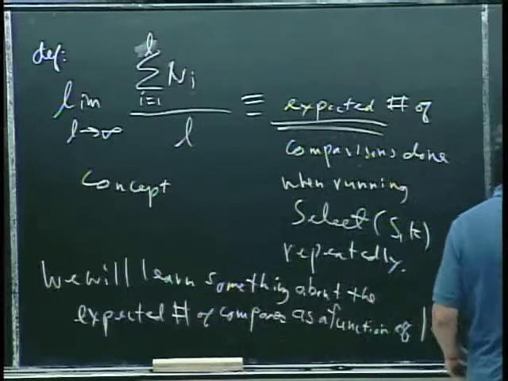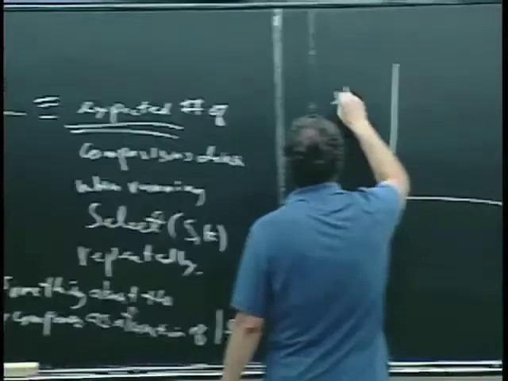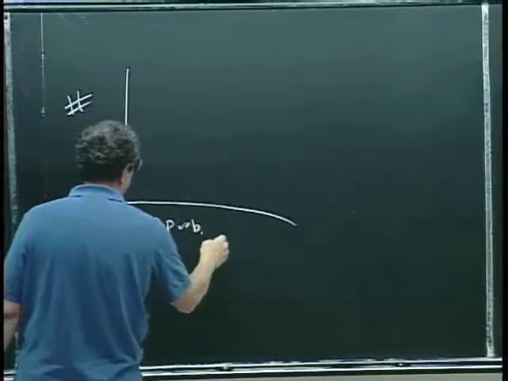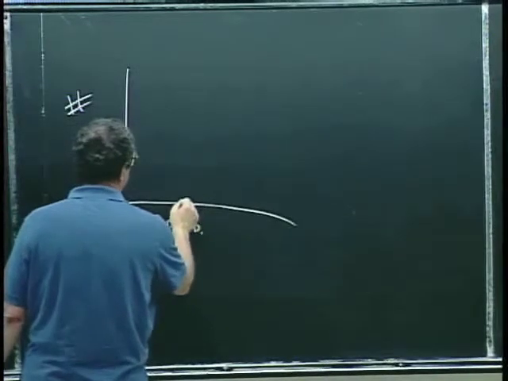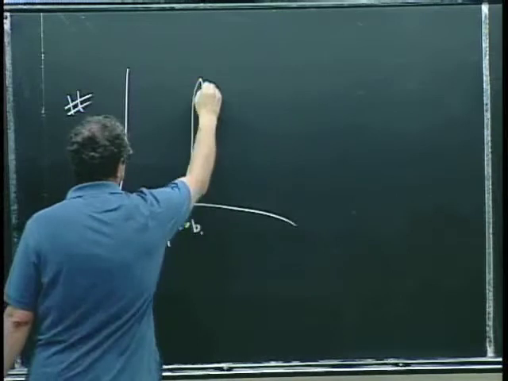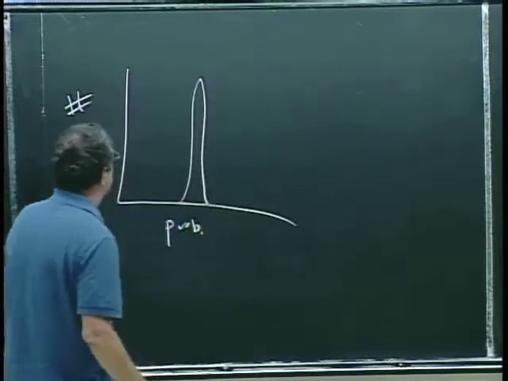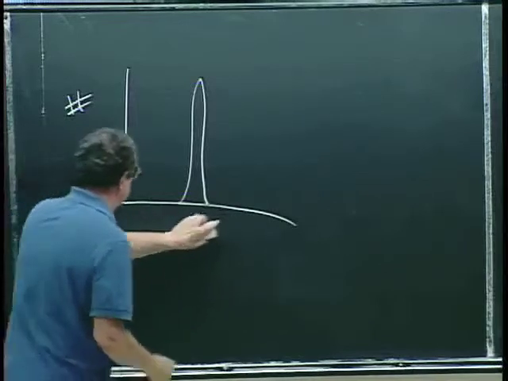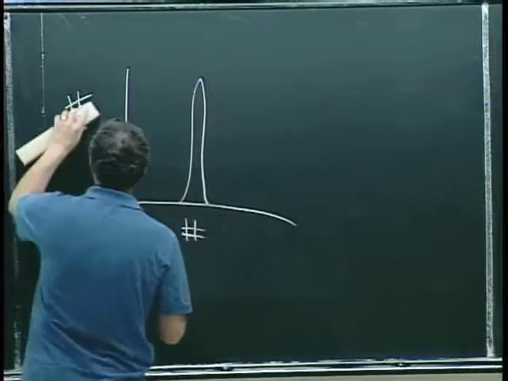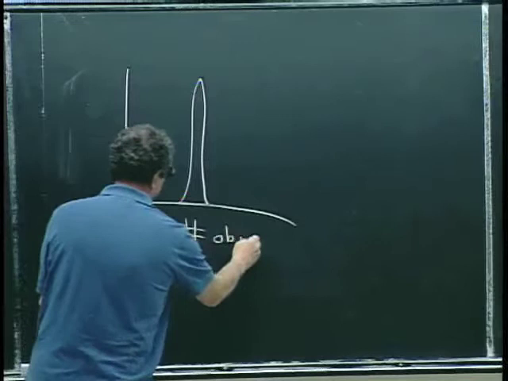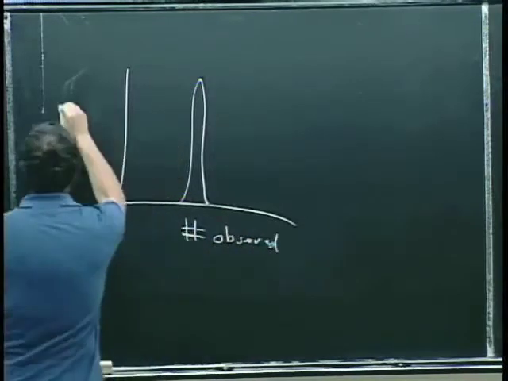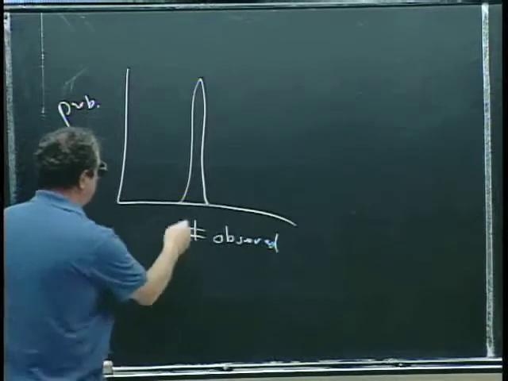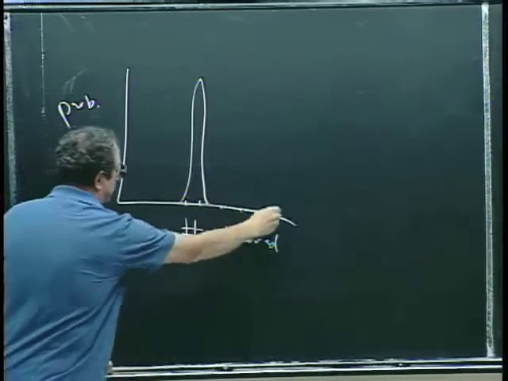So you can have some values here, number, and this is the probability of observing it. And you can have a distribution that looks like this, so that no, I should have done it the other way. This is the number. These are the things that you're observing. And this is the probability.